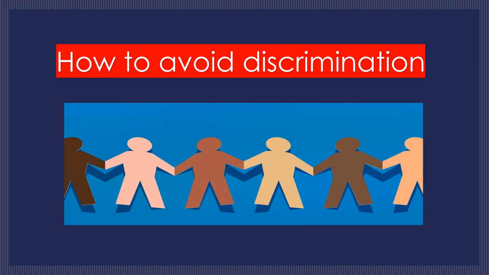When in doubt, leave it outside the workplace. 5, familiarize yourself with the company's workplace policies and responsibilities. Number 6, be proactive. Report any inappropriate discriminatory, harassing, or abusive behavior to your supervisor, human resources department, union, or management.